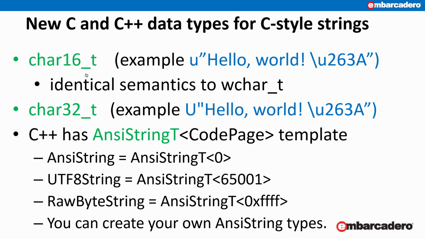The char16_t values are written using the string literal prefix lowercase u, and the char32_t values are written using the string literal prefix uppercase U. And lastly, C++ also has the AnsiStringT<codepage> template that contains 8-bit char data encoded in any code page, and the code page is given as the template parameter. And if needed, you can create your own ANSI string types.